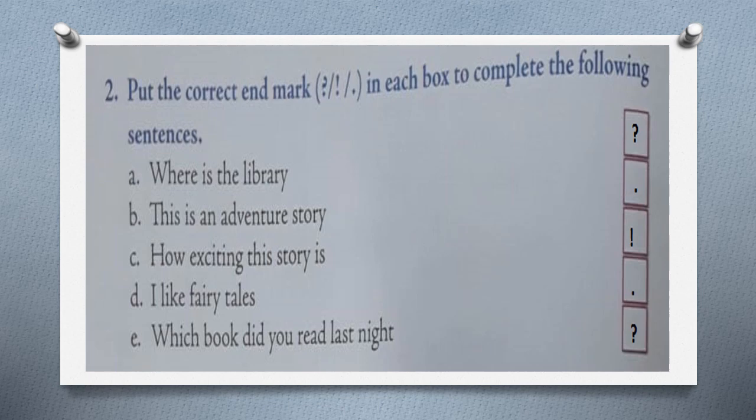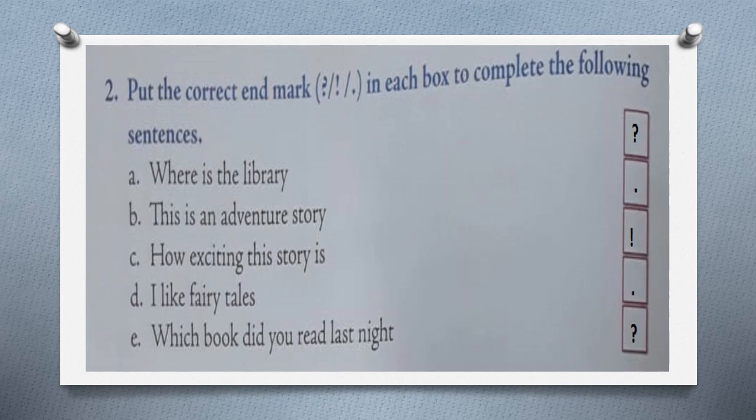See the B part. This is an adventure story. It's a statement sentence. Then put a full stop. See the C part. How exciting this story is. In this, showing expression, sudden feeling. So put an exclamation mark.